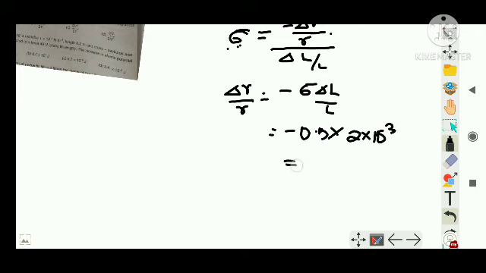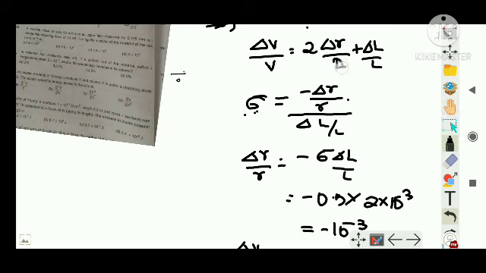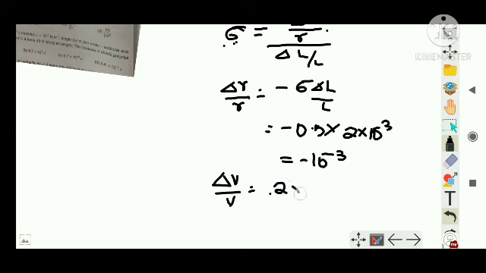So delta R by R is minus 10 into 10 to power minus 3. Now, for volume, I just have to substitute: delta V by V is equal to 2 into delta R by R, which is 2 into minus 10 to power minus 3, plus delta L by L, which is 2 into 10 to power minus 3.